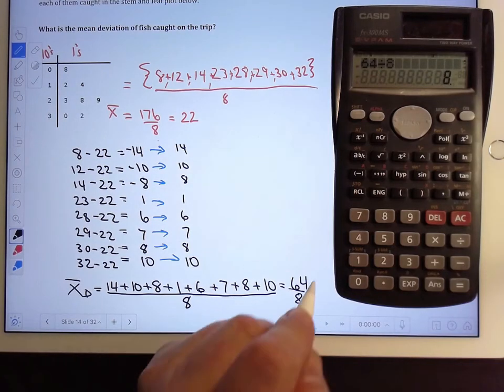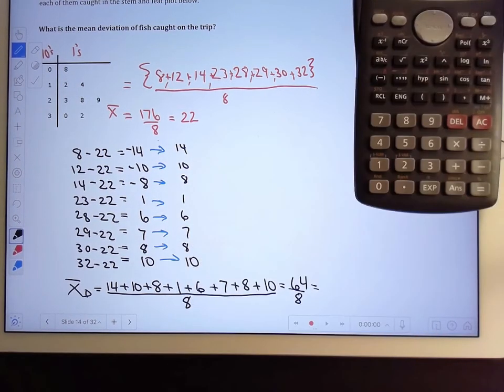And there you get it. Nice and easy. The mean deviation is the number 8.